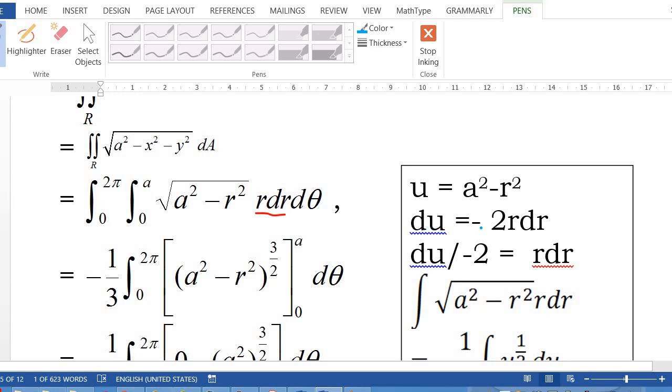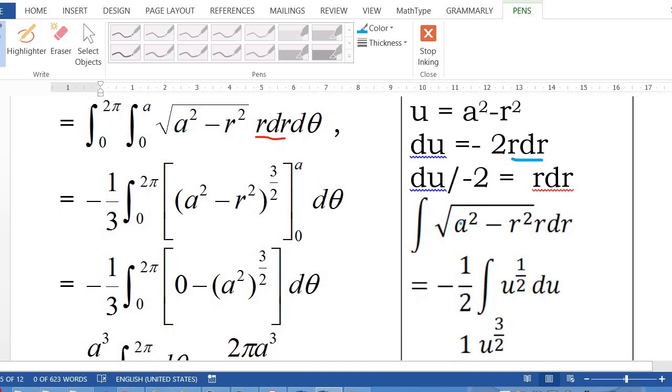So du is negative 2r dr. Notice you want r dr, so it becomes du over negative 2. Hence the integral of square root of a squared minus r squared times r dr is replaced by du over negative 2.